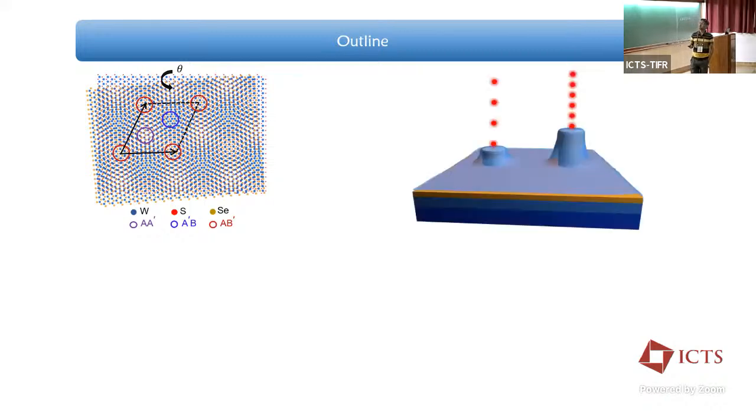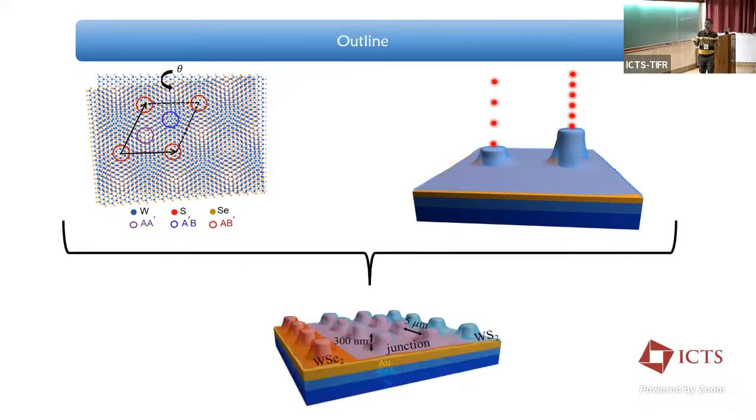There is another platform that we are working on, which is these nanopillars, where you engineer the band structure of the 2D material. It's a sort of strain engineering, by putting these monolayers on these nanopillars. And I'll show you that these give rise to beautiful single photon emission. Then I'll combine these two platforms.